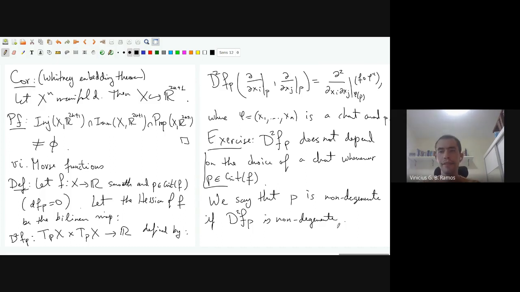It's the same thing as saying that this matrix here is invertible. So this is equivalent to saying that ∂²/∂x_i∂x_j of f composed with phi inverse is invertible in a given chart. And so it'll be invertible in every chart.